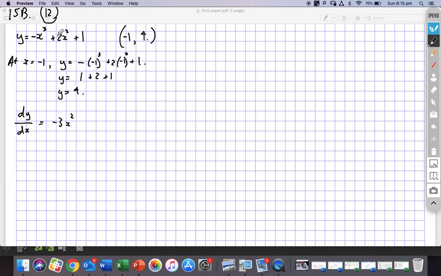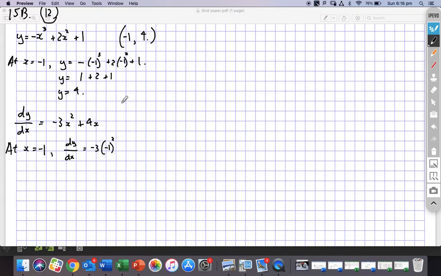And here 2 times 2 is 4, x to the power of 1, and the 1 will have a derivative of 0. Now I could say at x equals minus 1, dy/dx equals minus 3.